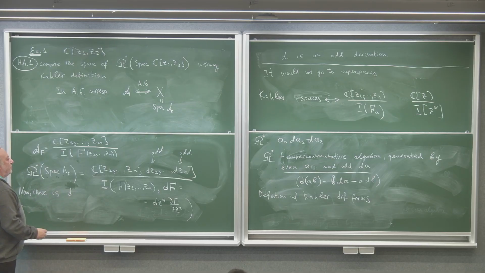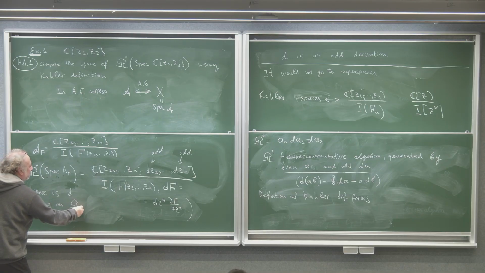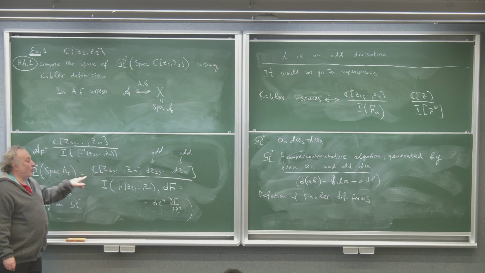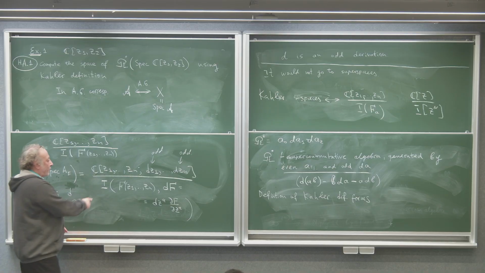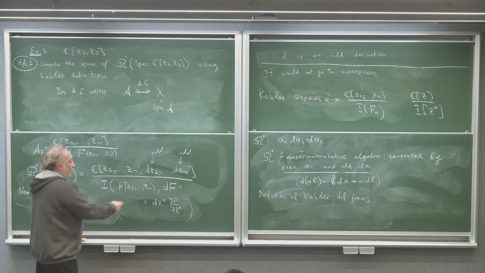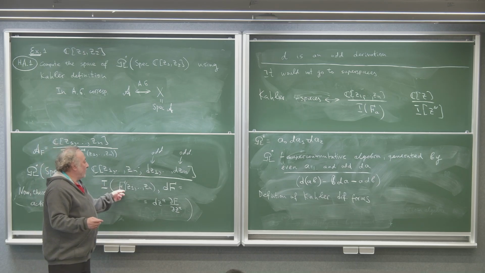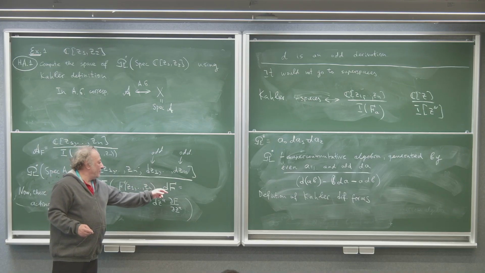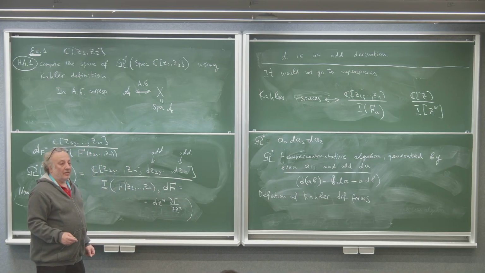Now there is d on differential forms. You can use the Leibniz construction here on the left hand side, on the right hand side. This ideal that we quotient with is invariant under the action of d, because df is also in the ideal.